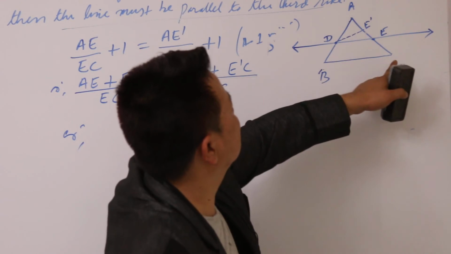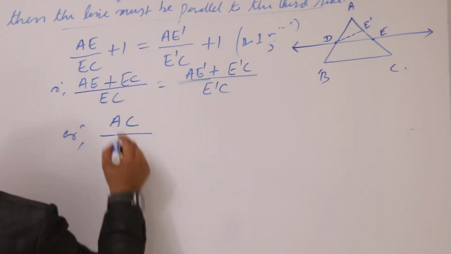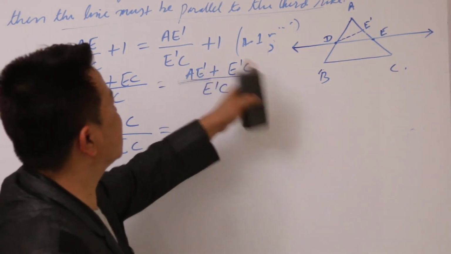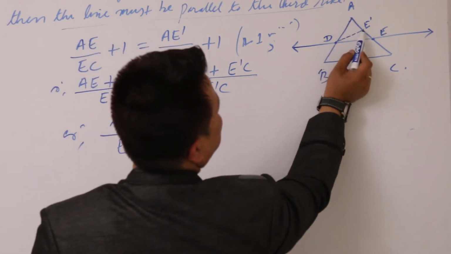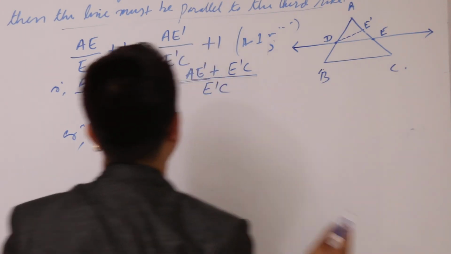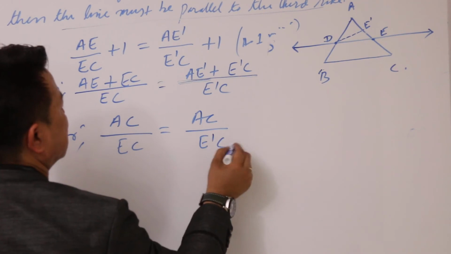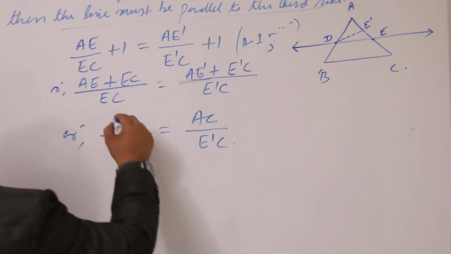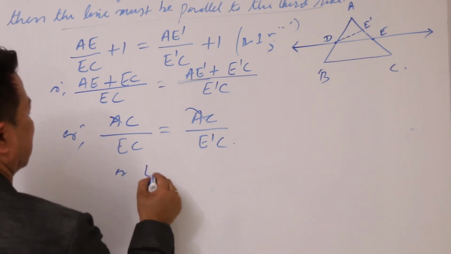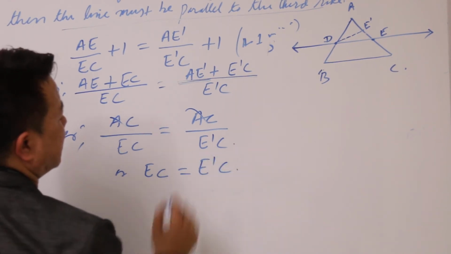The full side AC. So AC upon EC equals AE' plus E'C, which also gives the full side AC, upon E'C. Now this and this can be cancelled. Now cross multiply: EC is equal to E'C.